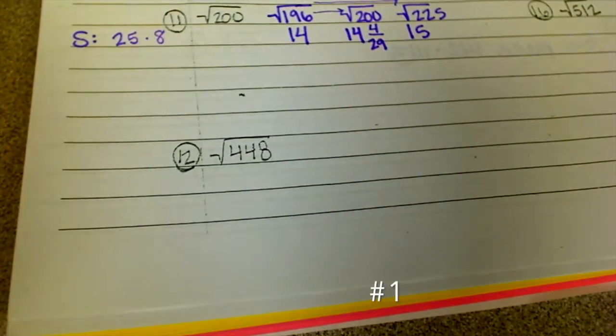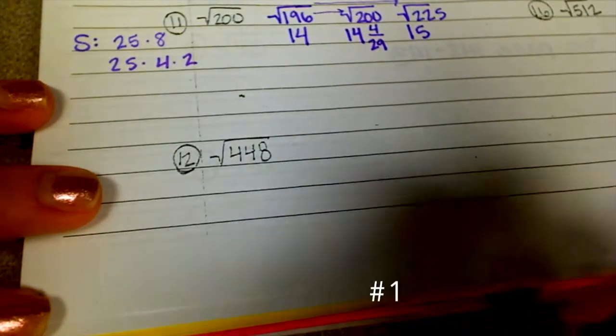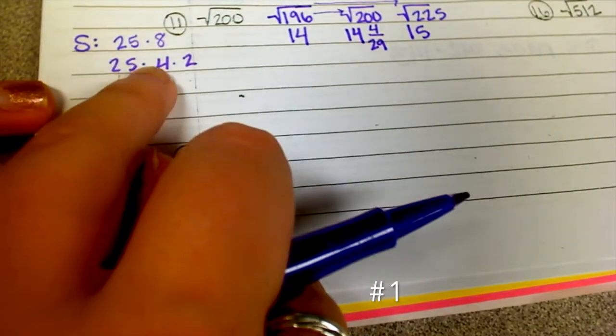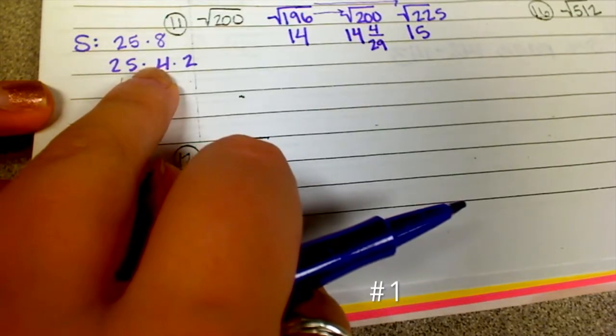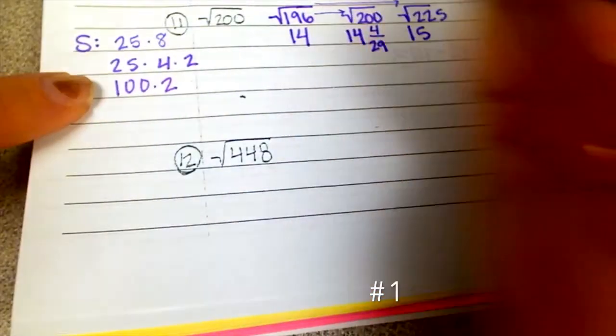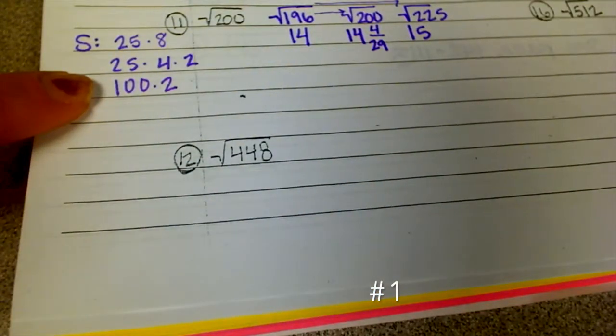Can anyone think of a factor of 8 that is on the perfect square list? 4. So we've got 25 times 8 times 2. So what's 25 times 4? 100. So we've got 100 times 2. Isn't 100 on the perfect square list?